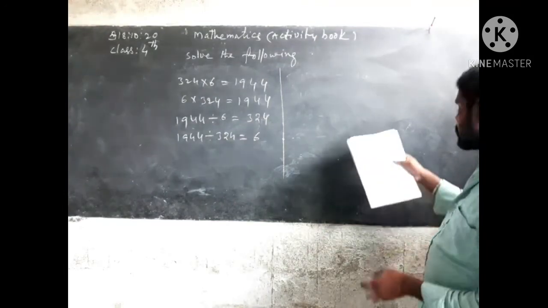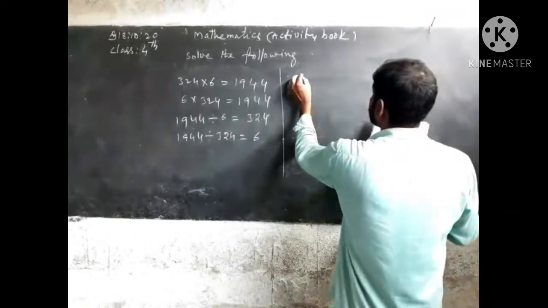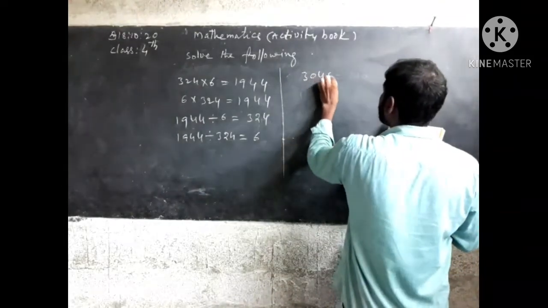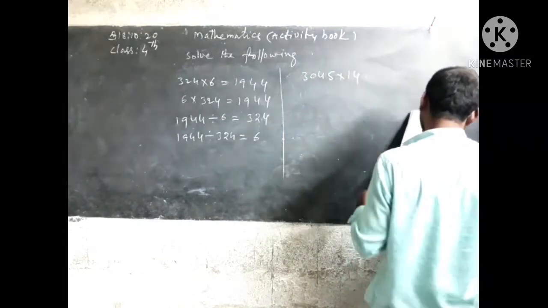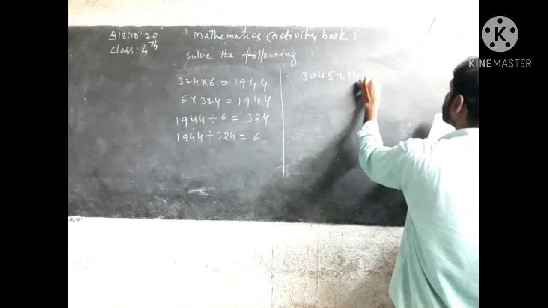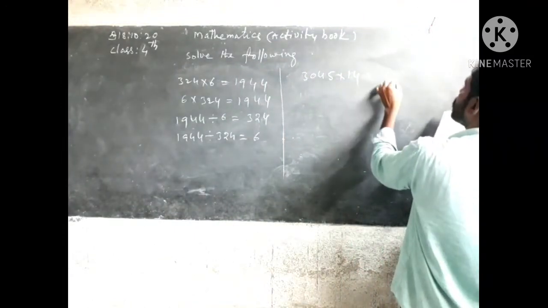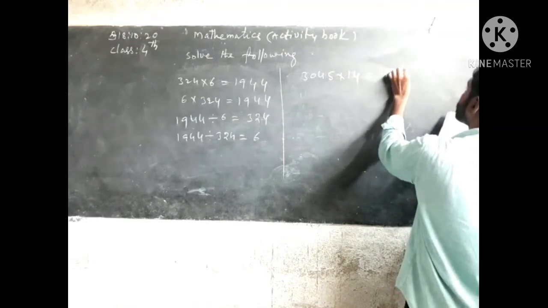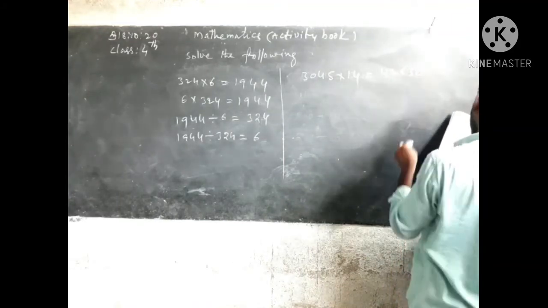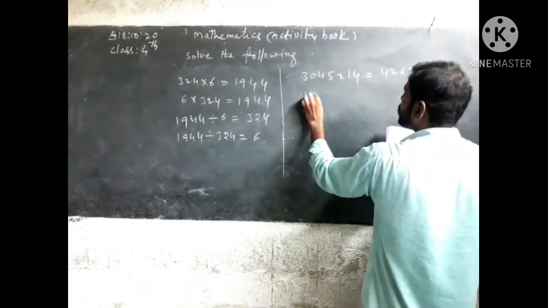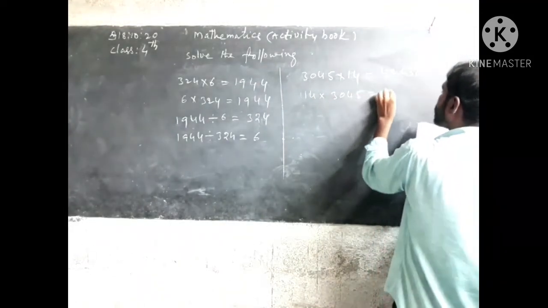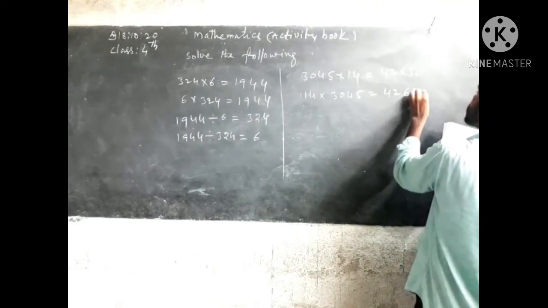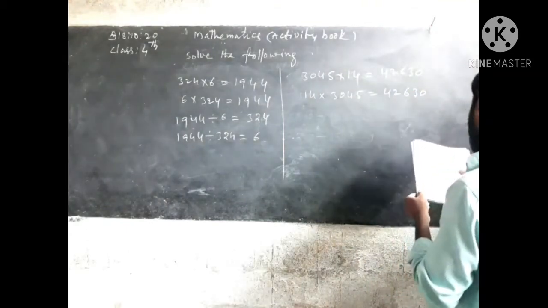See here, next, 3045 into 14 is equal to 42,630. Again, 14 into 3045, you can get 42,630.